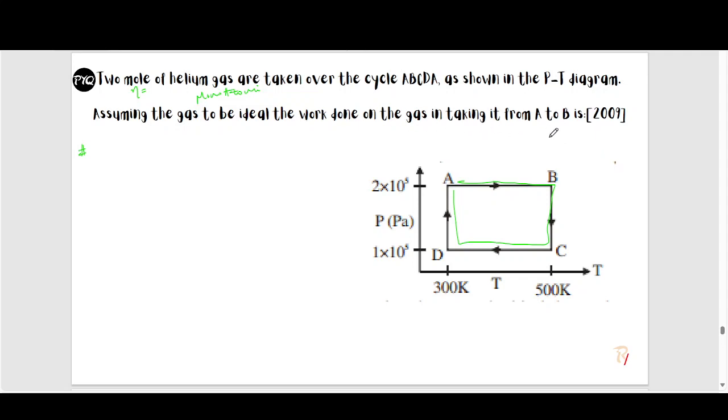Assume that the work is done on the gas from A to B. What is the work done in this?